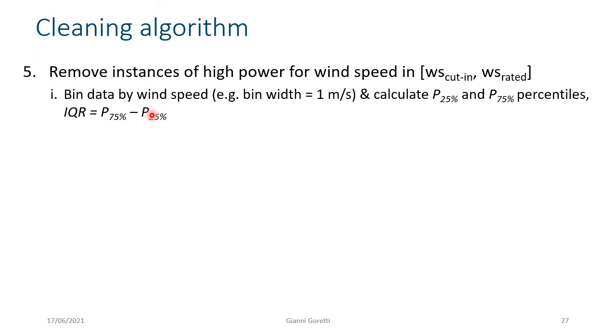For example, here I will show bins of 1 meter per second width, but in the function they are set to a lower value to allow a more accurate detection of outliers. And on these bins, the 25th and 75th percentiles are calculated, and then the interquartile range is calculated.